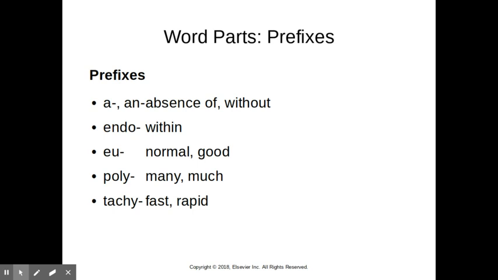Poly, so we're not talking about poly pockets, but poly is not singular, but many or much. Tachycardia, usually a reference to that, but you have tachypnea, which is faster, rapid breathing. Tachy means fast or rapid. Tachy, get in their outfit as fast as you can.